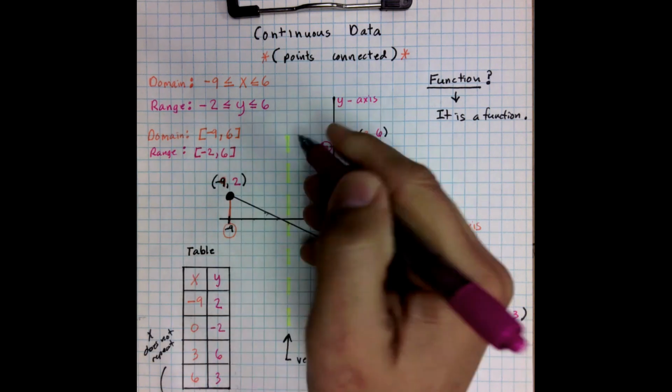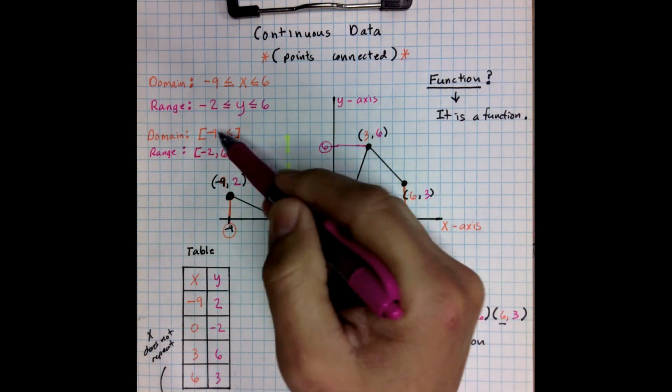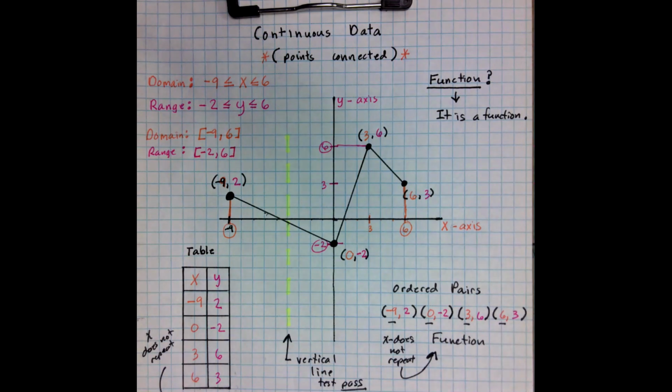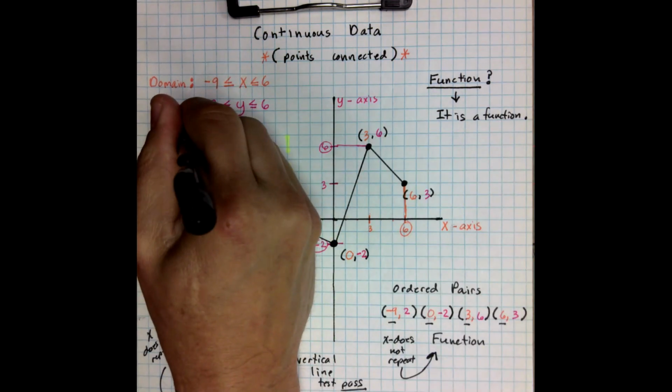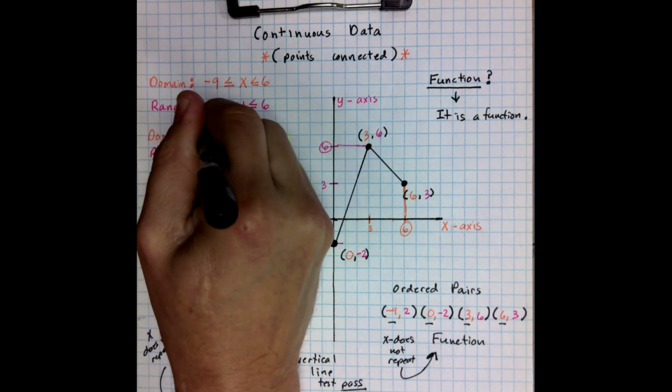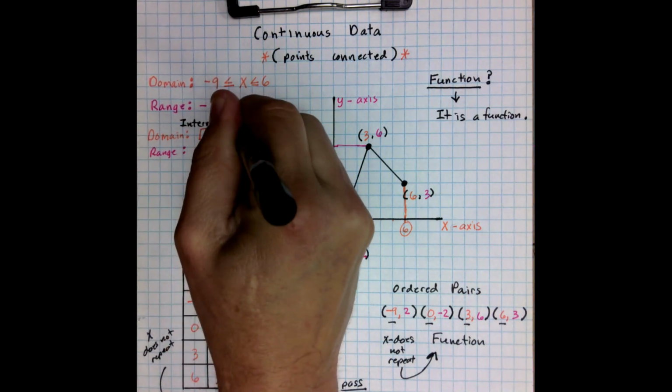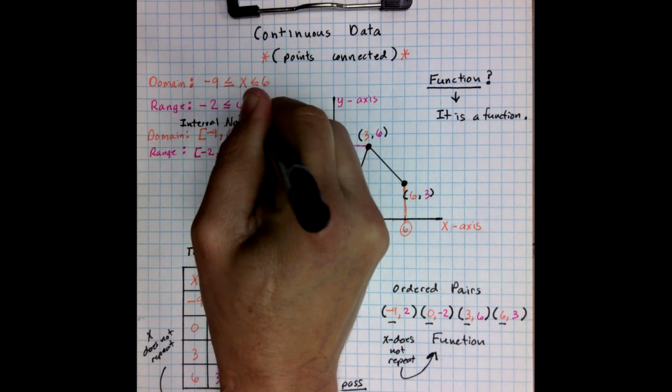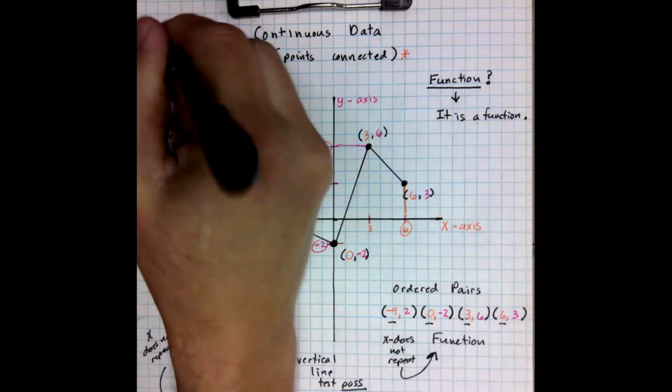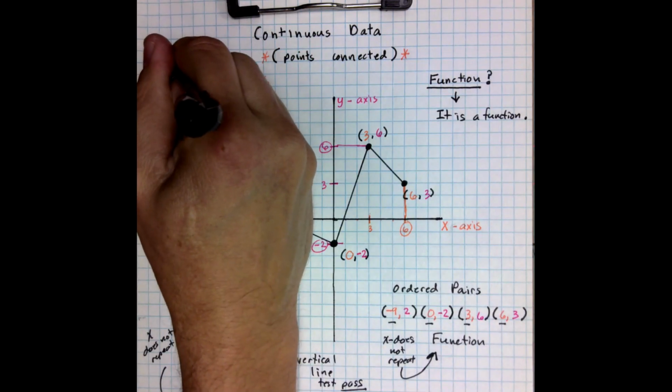In my opinion, I actually like interval notation better, because I feel like it's a little bit easier to read and more concise. So I'm going to write right here, interval notation. And this was as an inequality.